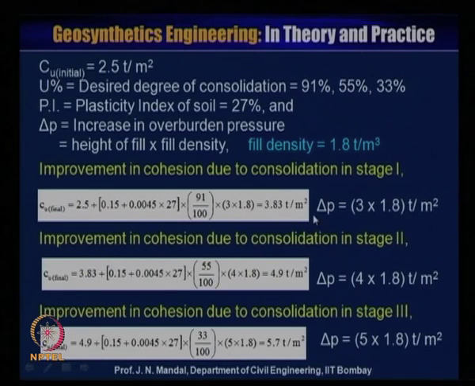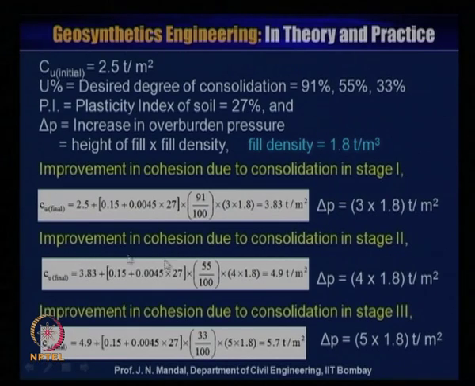So Cu final will be 3.83 ton per meter square.